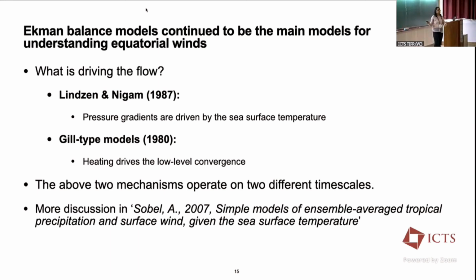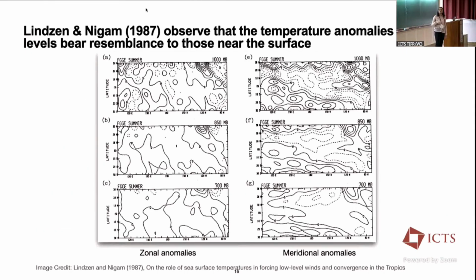Of course, these two mechanisms probably happen on different timescales because the sea surface temperatures vary much more slowly compared to the cumulus heating. But I would definitely recommend referring to this for a more detailed discussion. For the next part, I want to focus on the Lindzen and Nigam type Ekman balance model.